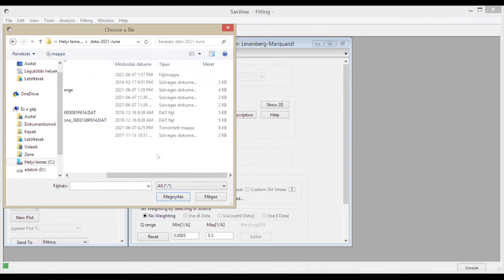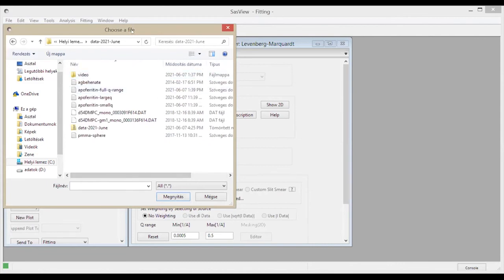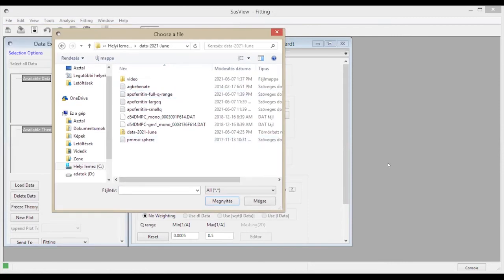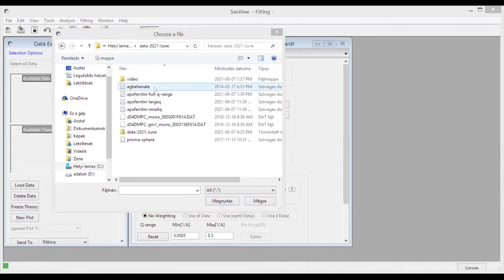Please tell me if somebody can do it with this SasView fitting. I'm following on your computer because I couldn't download data, but others are writing in the chat. Yes, most of them are saying let's see it from your PC. Okay, so this is a more lazy version, but still it's good because we can probably understand everything even like that.